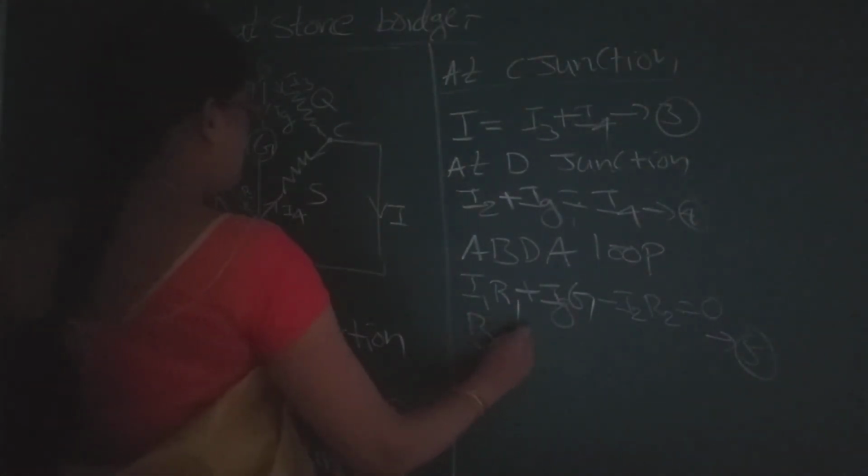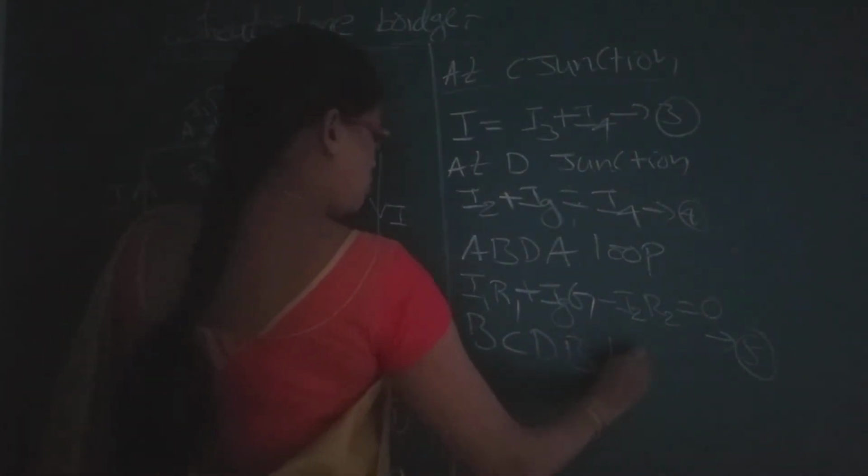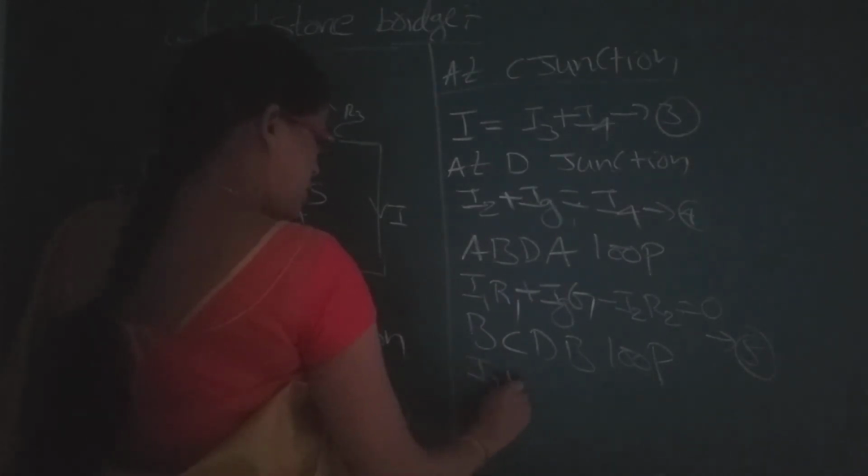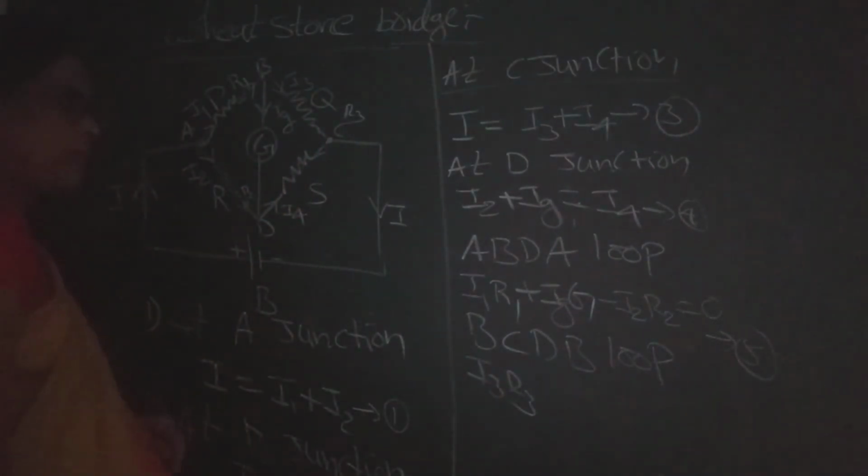Next, loop B, C, D, B. From B to C, current I3 through resistor R3, that is I3 R3.